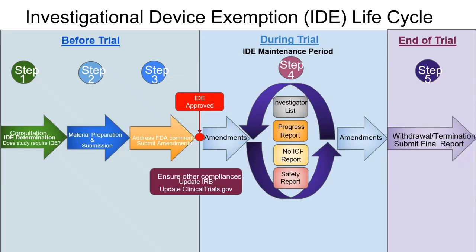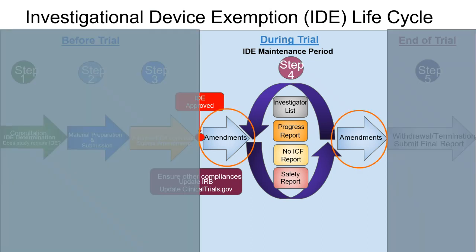let's move to the familiar graphic, the IDE life cycle, where the step 4 includes amendments, which are executed during the trial and study maintenance period. Now, let's see what the key regulatory milestones are in the maintenance phase.